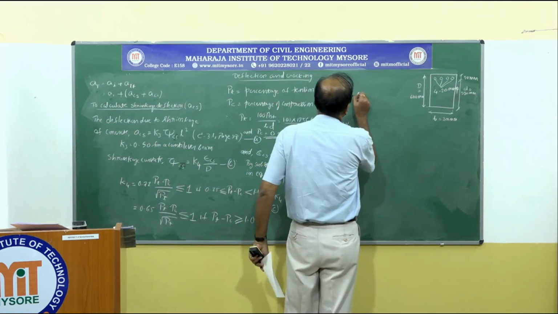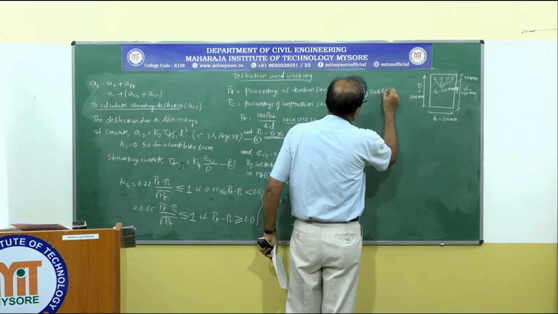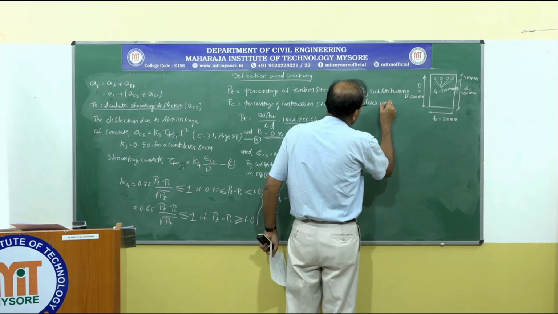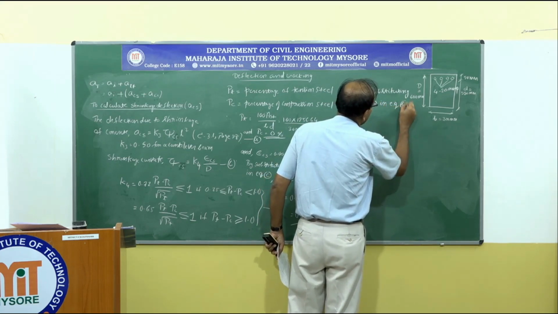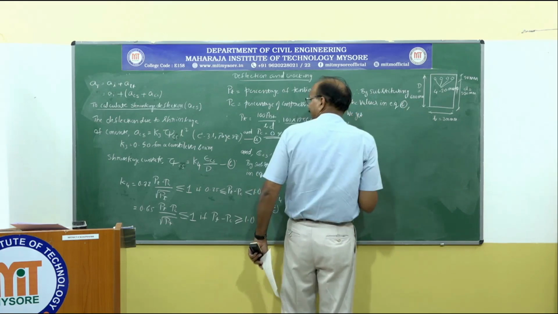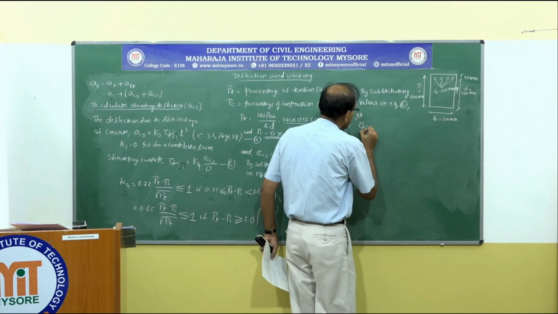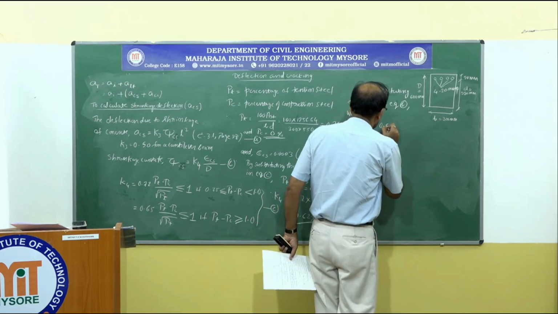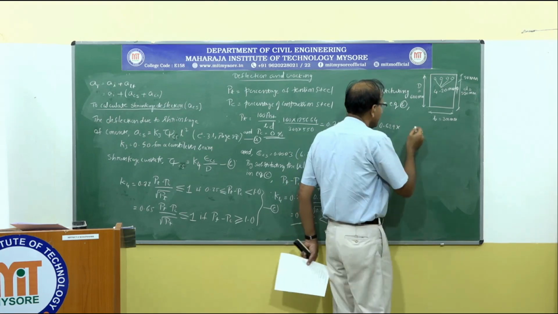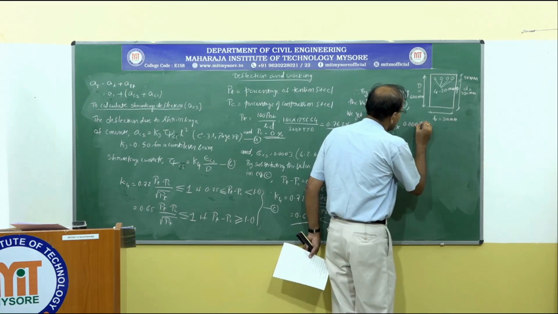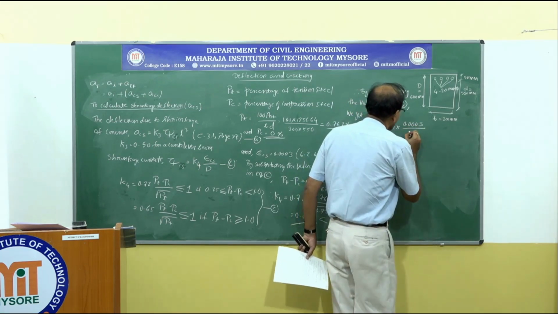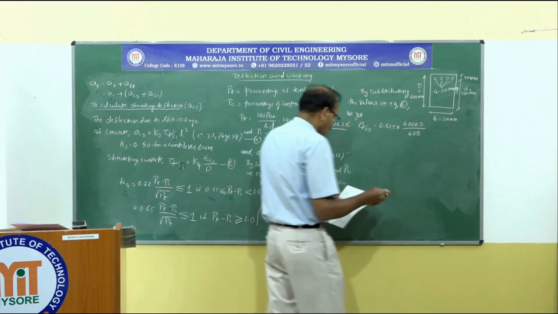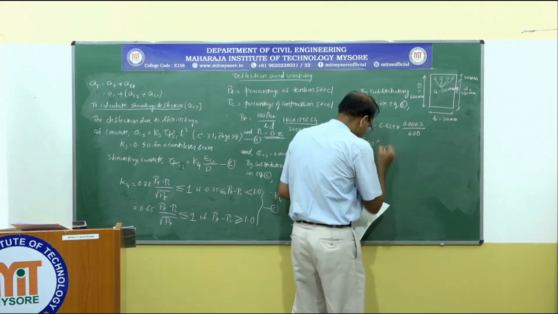Substituting the values in equation B, we get shrinkage curvature equal to K4 is 0.629 into epsilon CS, that is the shrinkage strain, equal to 0.0003 divided by D, that is the total depth, which is equal to 600.